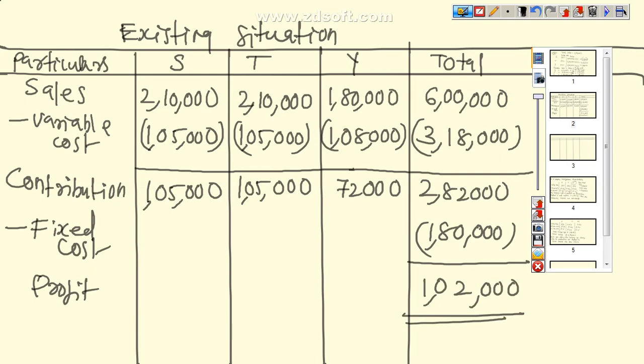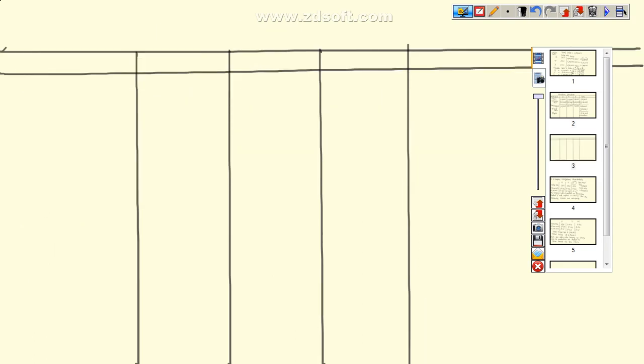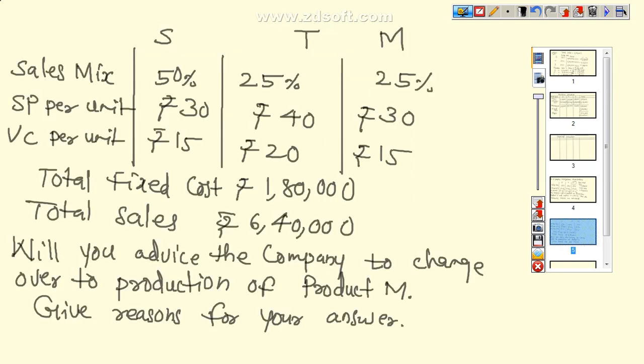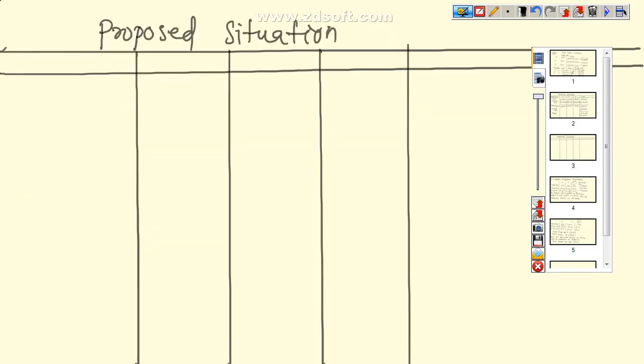Now the same calculation we have to do for the proposed situation. So we write here proposed situation. There are three products. We are replacing the product Y with M. So we write here S, T, M. Here it is total.